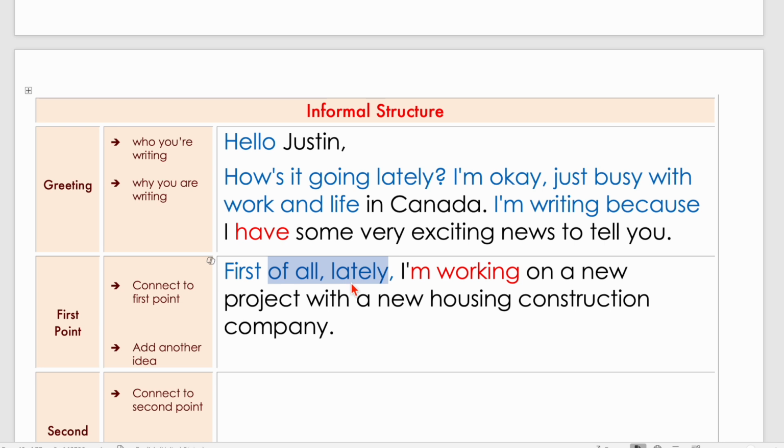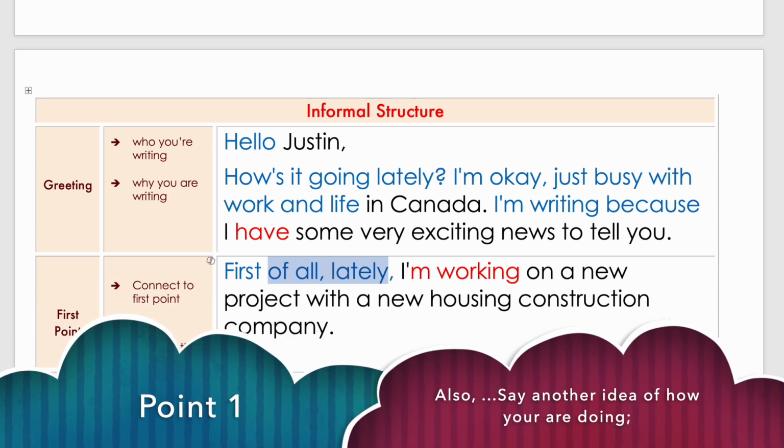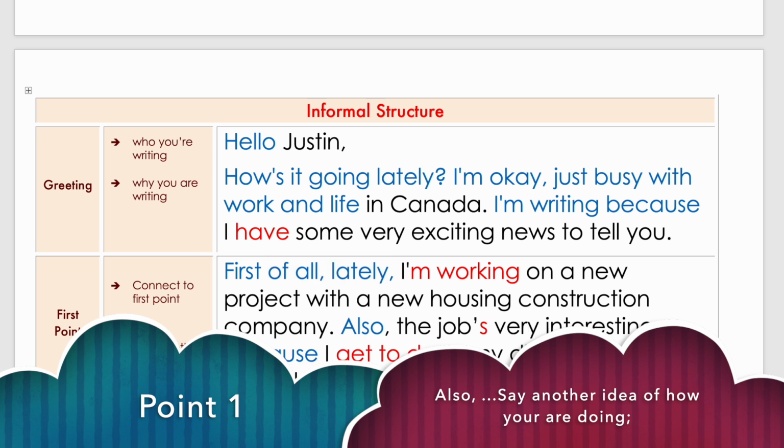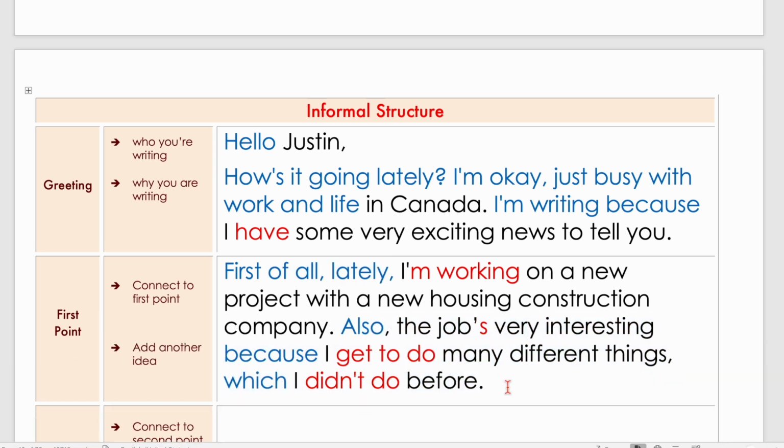Now, everyone, we should always give another idea for each side. Two ideas is always better, okay? So I'm going to give another one here. Also, that's a very good connector. The job's very interesting because I get to do many different things which I didn't do before.